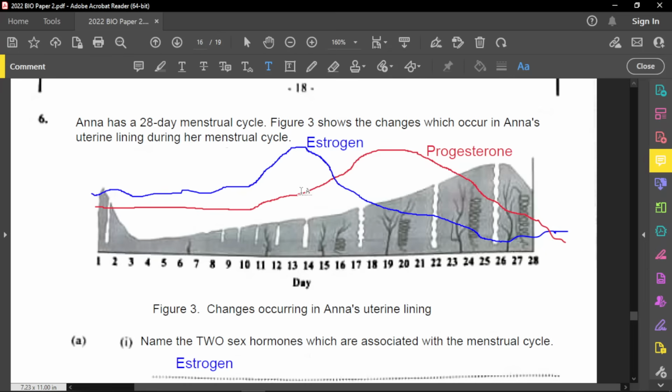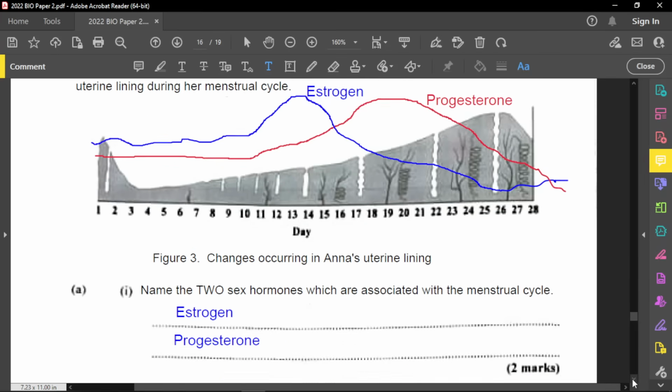And after ovulation, progesterone will be at a peak. Notice it slightly starts to increase before ovulation, but after ovulation it peaks, and then starts to decline, especially if there's no fertilization of an egg. Notice again, after the 28-day period, estrogen will start to get a little bit higher than progesterone, while progesterone starts to get a little bit lower than estrogen.